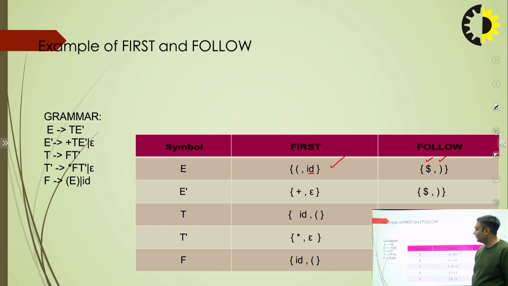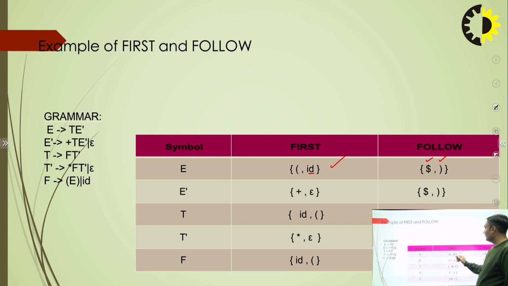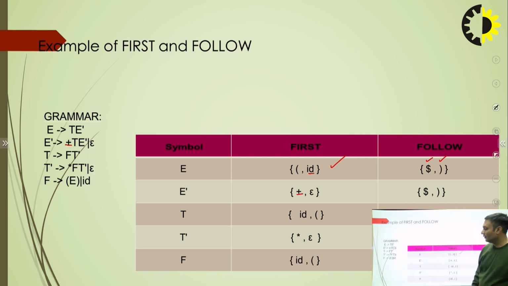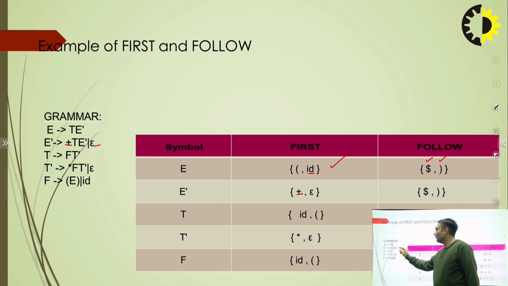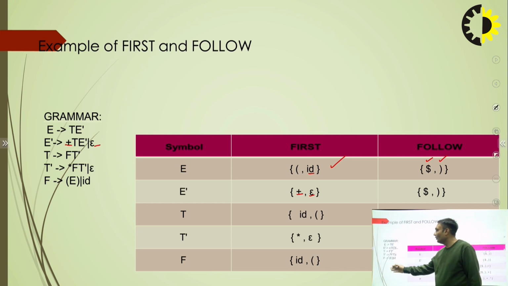Now let's see another symbol, E dash. The first of E dash is plus, as it is generating a terminal symbol directly at the start of the right hand side, and it is also generating epsilon. So epsilon will be in the first of this E dash. Now, E dash is present here, and nobody is following this E dash.